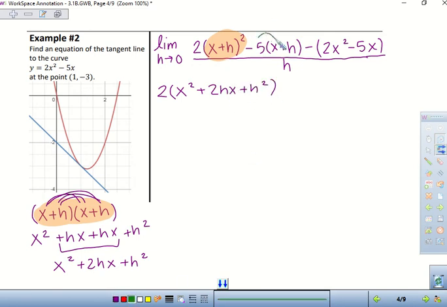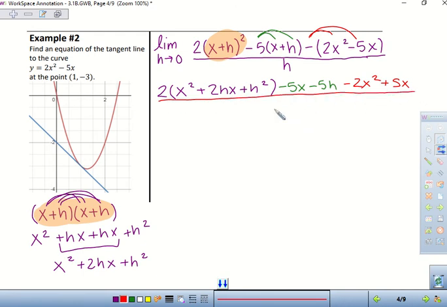And then here I'm going to distribute the negative 5. Oops, that was a 5x, or 5h, not a regular 5. Sorry about that. And then distribute again here. Minus 2x squared plus 5x, and then this is all over h.